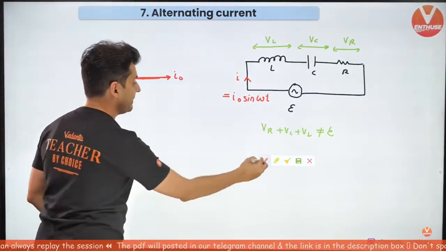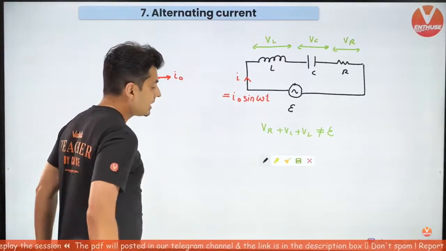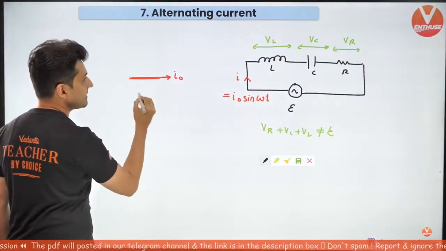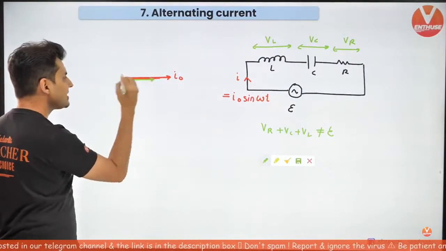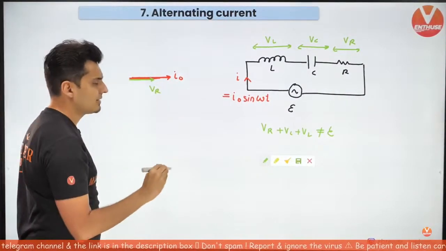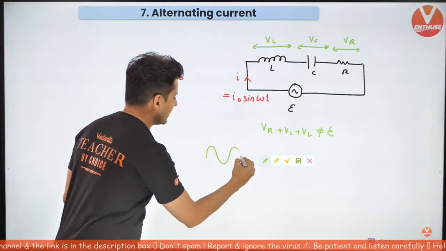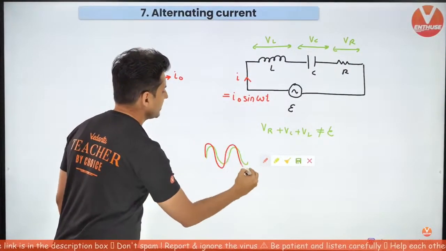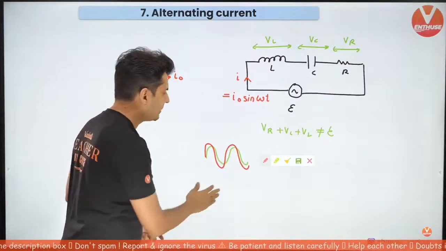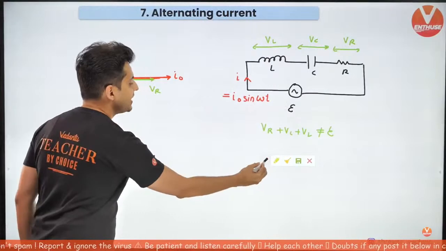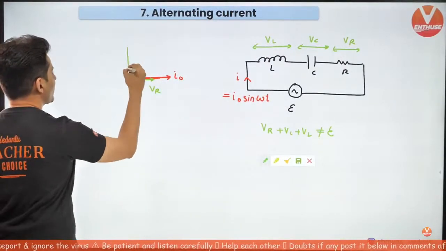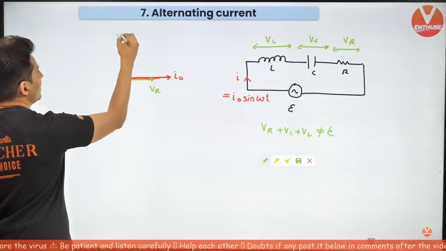Now, in case of an AC circuit, the voltage across the resistor is in the same phase. So VR is like this, meaning if this is the current, then voltage is also in the same phase. There is no shift between them. But for inductor and capacitor, there is a change. In fact, I told you, for inductor, it is always on the top.